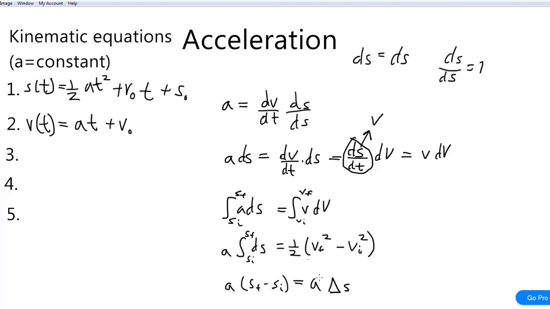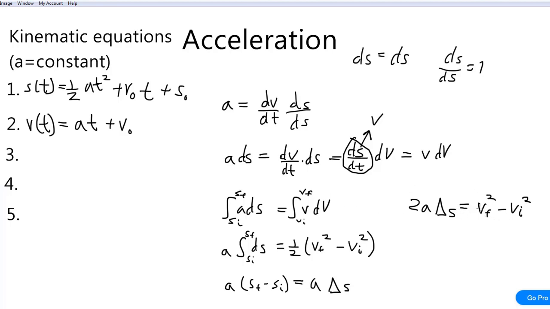If we multiply 2 on both sides, then all this is going to turn into 2a delta s equals v final squared minus v initial squared.